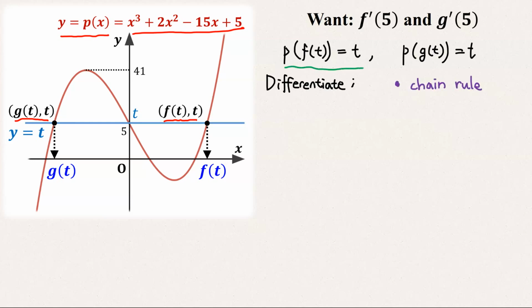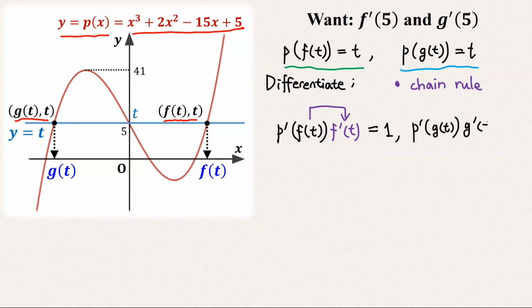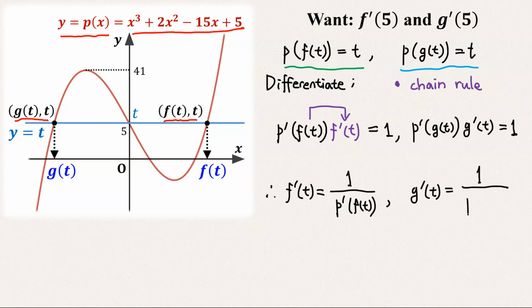So by differentiating this, we have p prime f(t), and by the chain rule, we have to take the derivative of f(t). So we have this equals, and if we take the derivative of t, we simply have 1. Similarly, from here, if we take the derivative, we have p prime g(t) times g prime t equals 1. Therefore, we have f prime t equals 1 over p prime f(t), and g prime t equals 1 over p prime g(t).